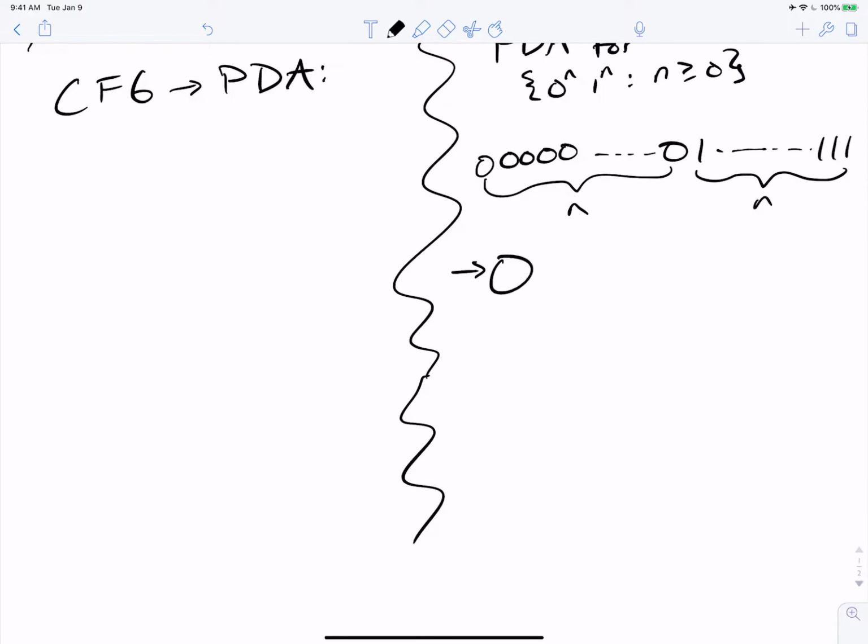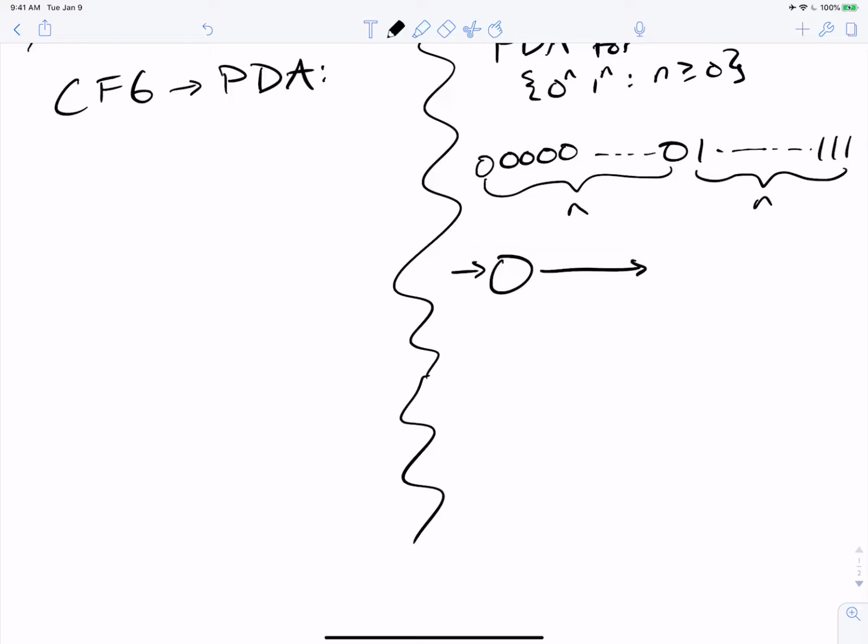What we're going to do is execute a transition that puts some special symbol on the stack, namely a $ sign. If our strategy was, when we're reading a 0, we put a 0 on the stack, and when we're reading a 1, we pop the 0 off the stack, and we're putting a special symbol on the stack right now, should we read anything?